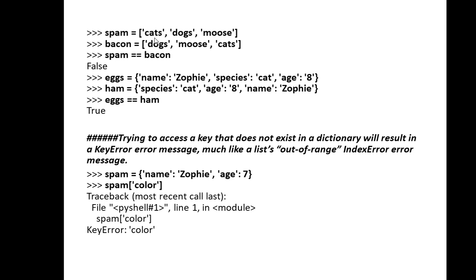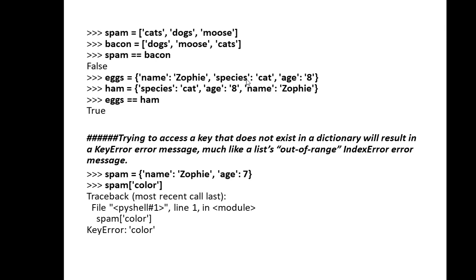So if I try to check the equality between spam and bacon, the equality operation will be false because it will compare: is the first item equal to the first item? No. So it fails right there. But if I do the same thing with dictionaries, it will not fail because it is comparing with respect to the keys. It is checking, is the name in eggs equal to the name in ham? Yes, it is Zophie.